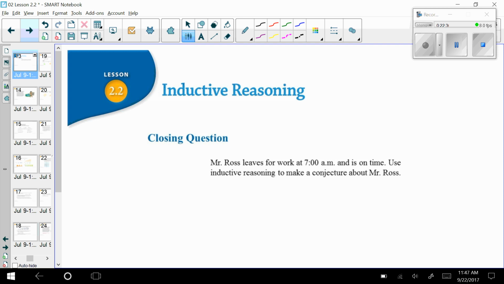And then the last question is, if Mr. Ross leaves for work at 7 a.m. and is on time, use inductive reasoning, so again, the information that we have that we can observe, to make a conjecture about Mr. Ross. So what will always be true, based on the information that we have.